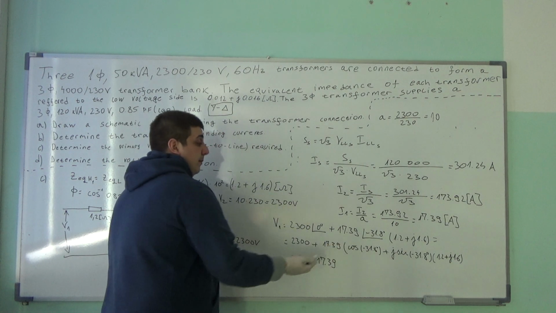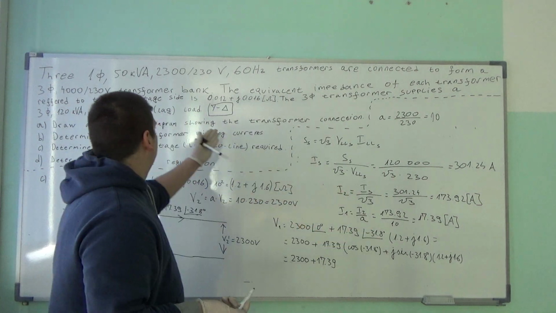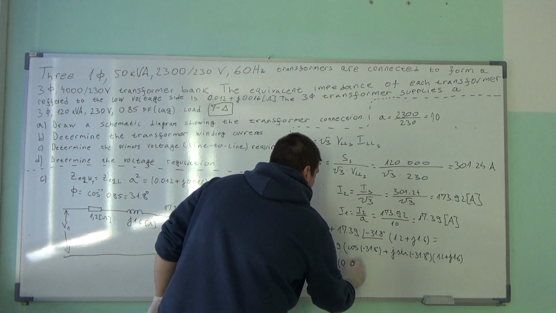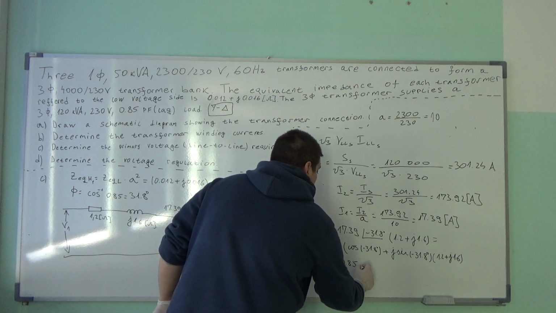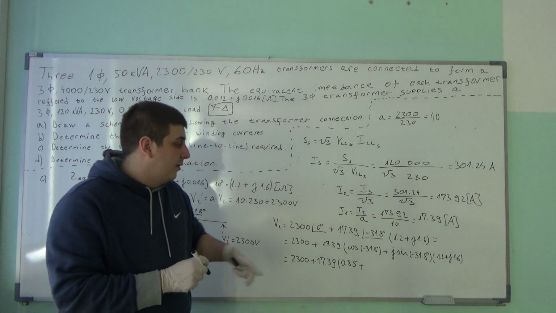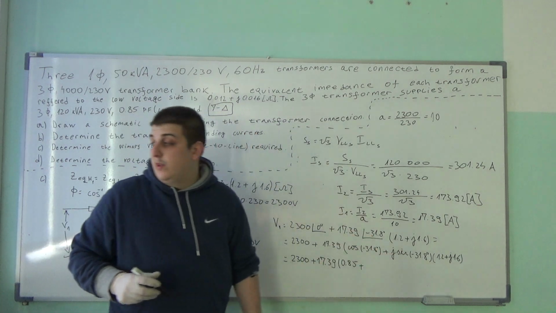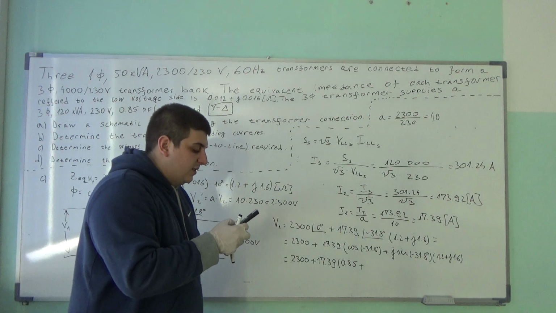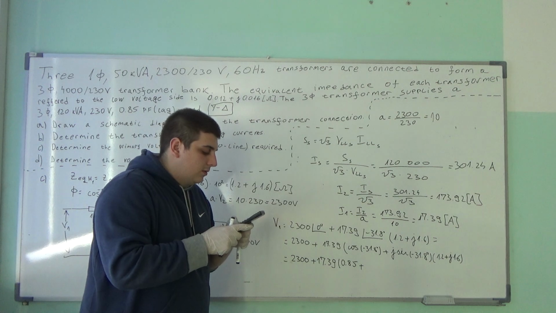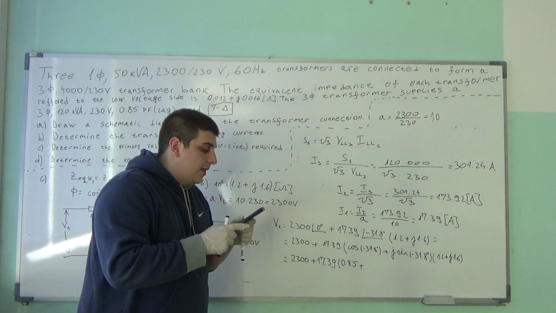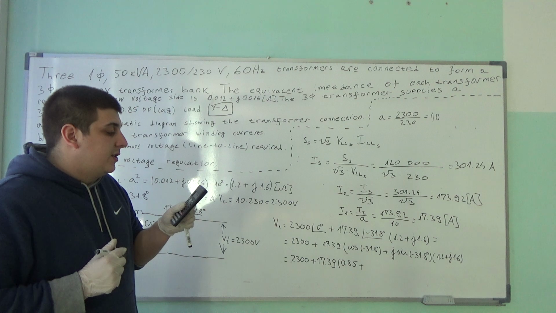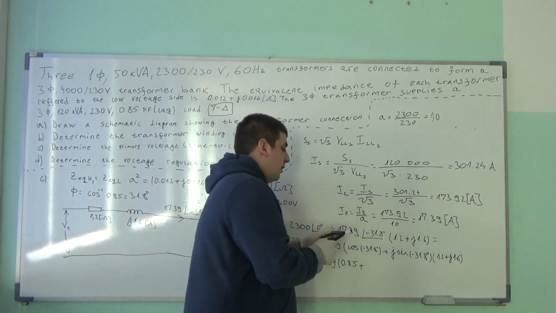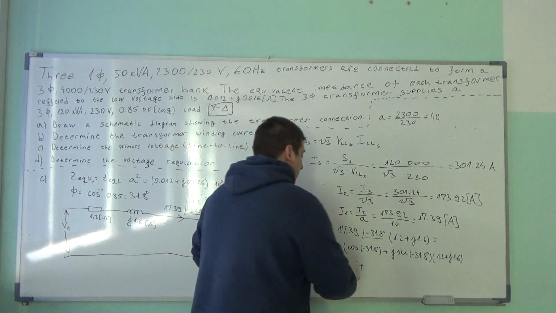Well, cosine of minus 31.8 is 0.85. That is easy. Plus sine of minus 31.8, you have to use your calculator for that, and it is equal to minus 0.52.